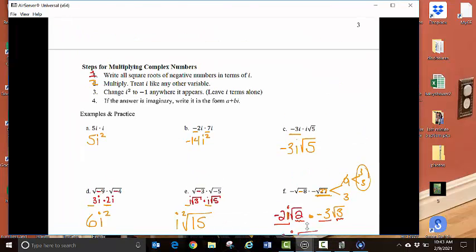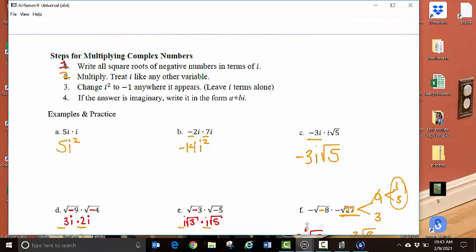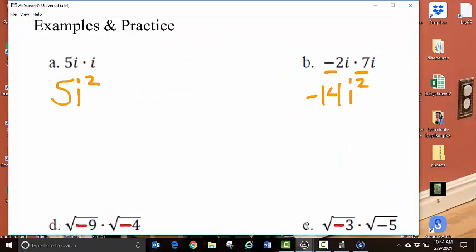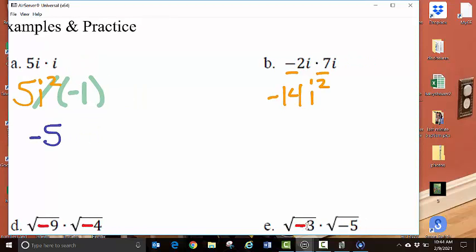Okay, change all of the i squareds to negative 1. All right, so this is actually negative 1. So then if I finished it, 5 times negative 1 is negative 5. Let's see. i squared is actually negative 1.